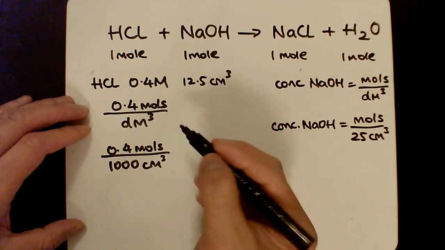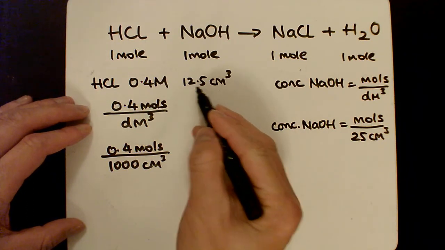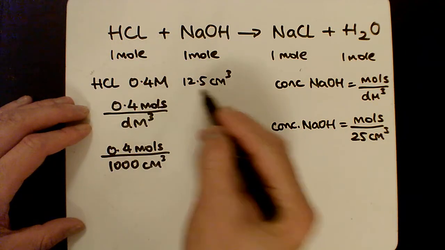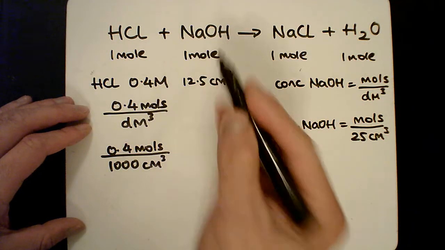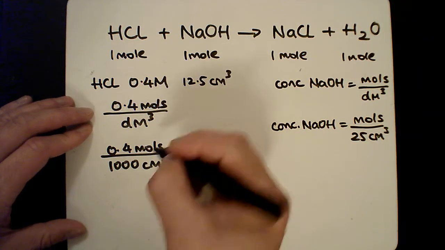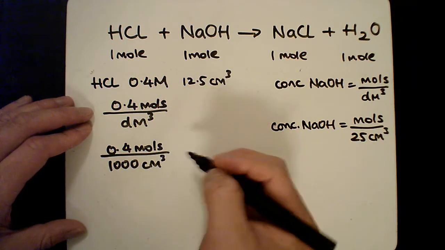Now what other information do we know? We know that we needed 12.5 centimeters cubed of the acid in order to neutralize the sodium hydroxide. So all we need to do is work out the factor that we have to adjust by.